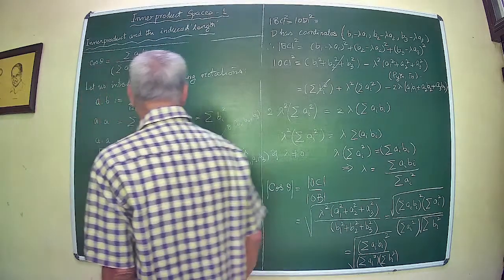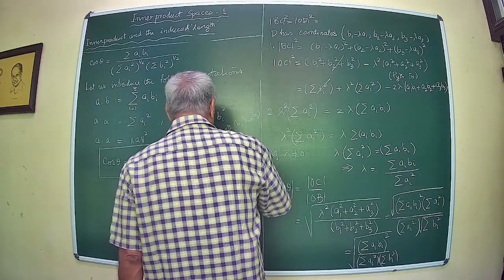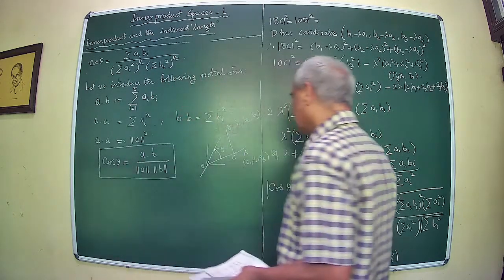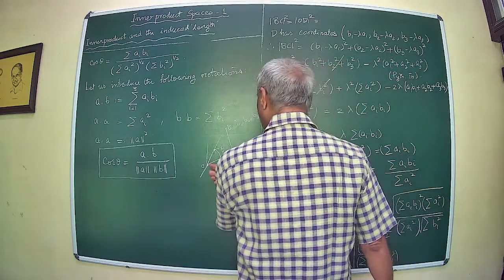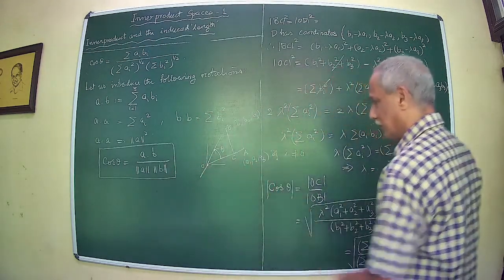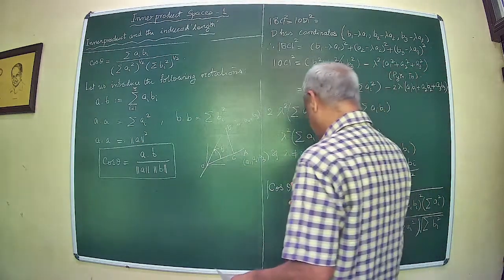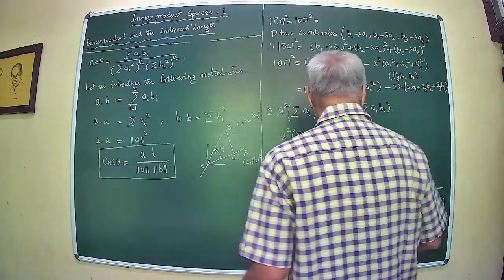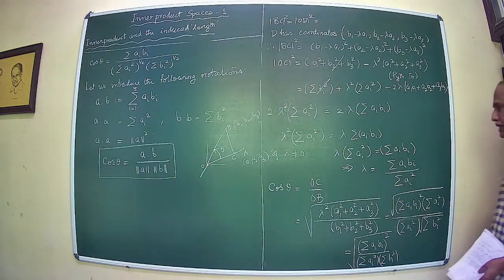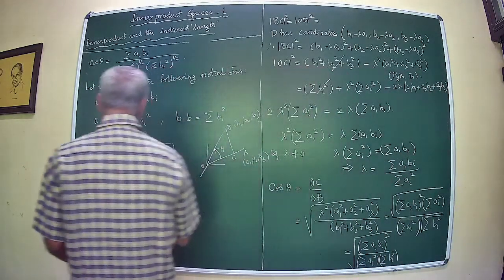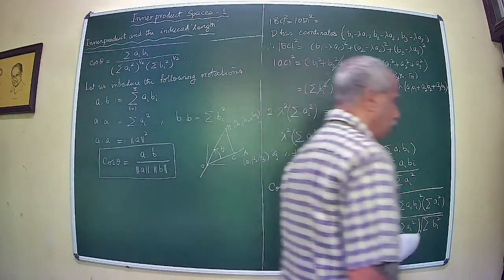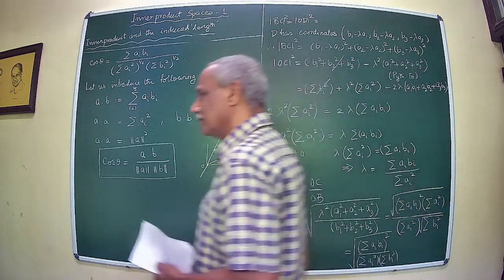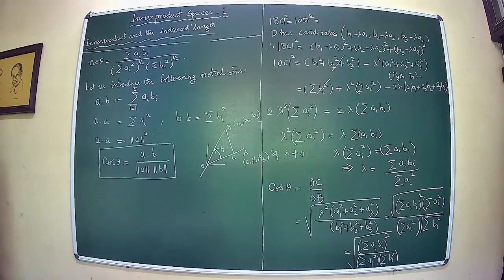Okay, so this is what you have used essentially. So we had this and then we computed cosine of this. The cosine of this is actually OC divided by OB. That's what we have. So cos theta is equal to OC by OB. This is what we have computed, and therefore you get a formula for this. So the dot product that we have introduced is essentially the angle between two vectors.